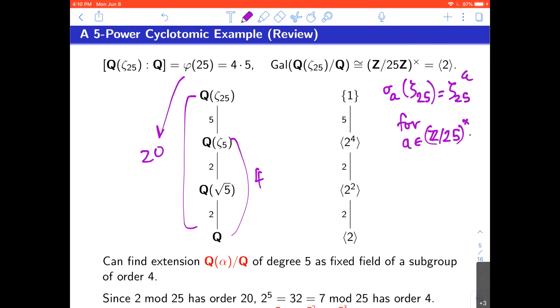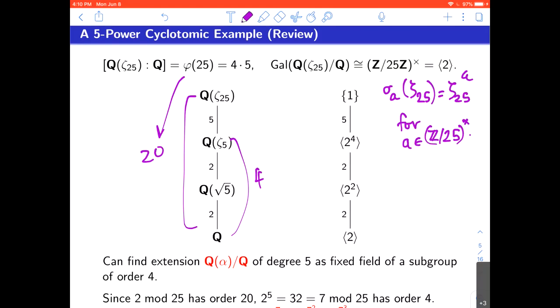And it happens that the group of units mod 25 is a cyclic group generated by 2. So when you do the Galois correspondence, the field goes over to the subgroup of elements that fix it. So the field Q goes over to everything, which is a subgroup generated by 2. Quadratic extension, you cut down by a factor of 2 to 2 squared. Zeta 5 is a 4th degree extension, quadratic on top of that, cut down by another factor of 2, 2 to the 4th.